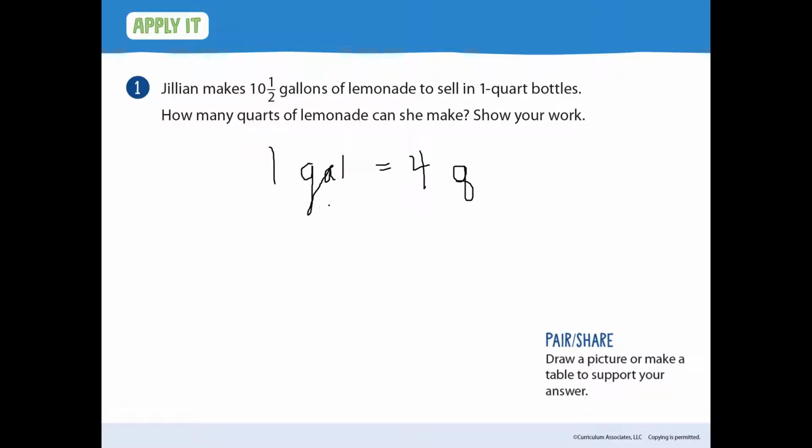So if I have 10 gallons times 4 quarts in a gallon, that's going to give me 40 quarts. And we know that half of a gallon is 2 quarts. So we're going to add 2 quarts for that 1/2 that's right here. And we're going to get 42 quarts.